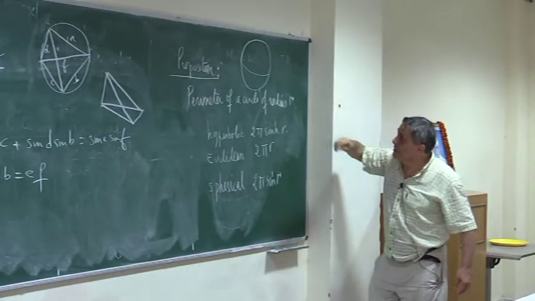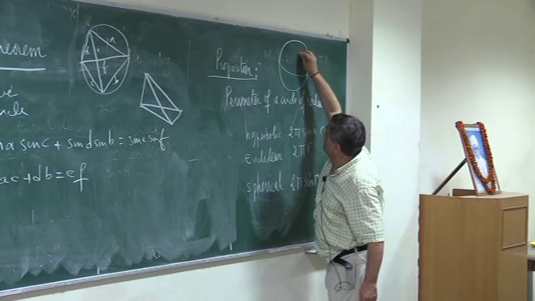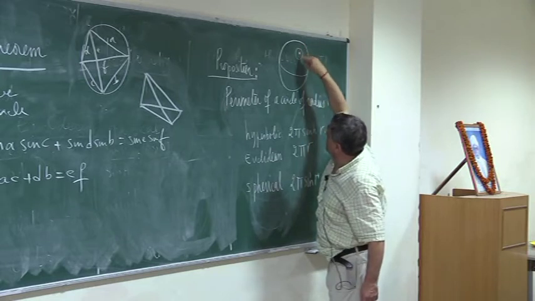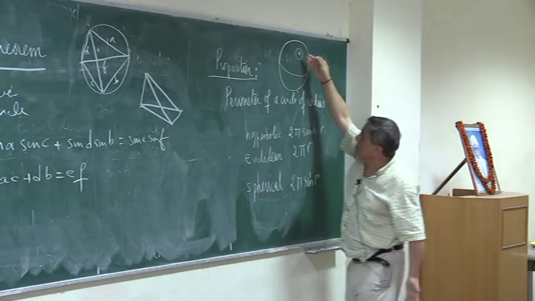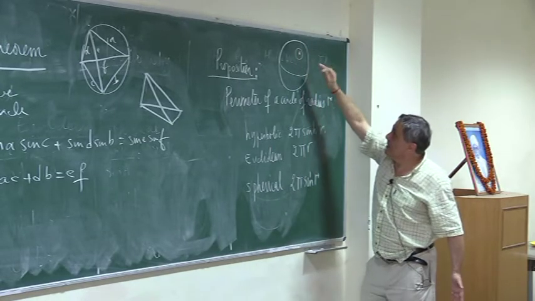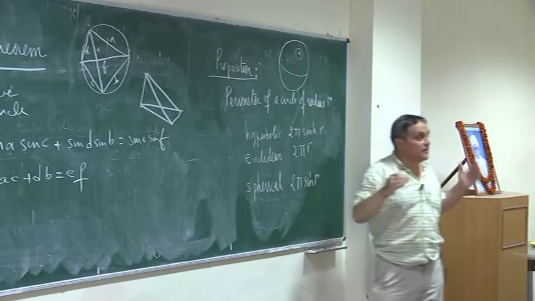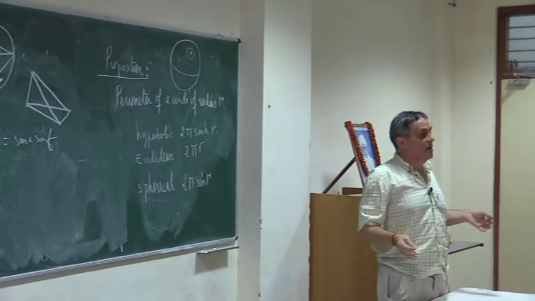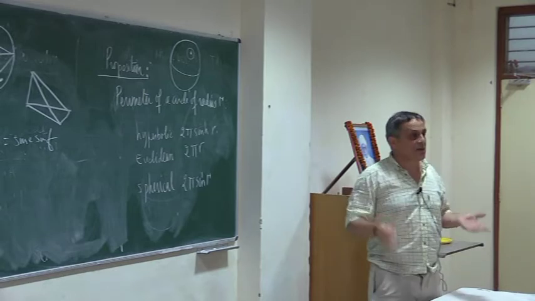A line is a great circle, but a circle is, okay, you have a point, and it's the set of points which are equidistant from this point, so this is what is called a small circle. It's also the intersection of the sphere with a plane. So the intersection of the sphere with a plane is either a small circle, which we call a circle, or a big circle, which we call a geodesic.